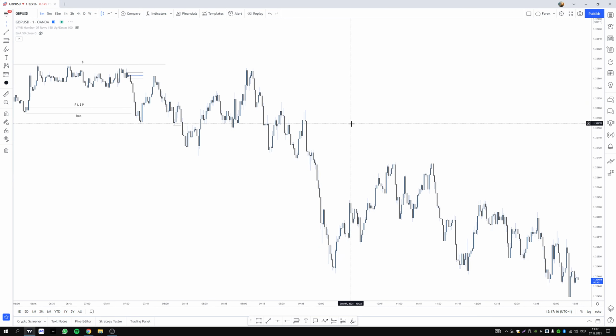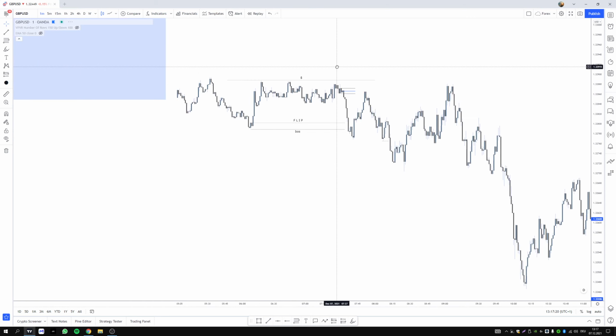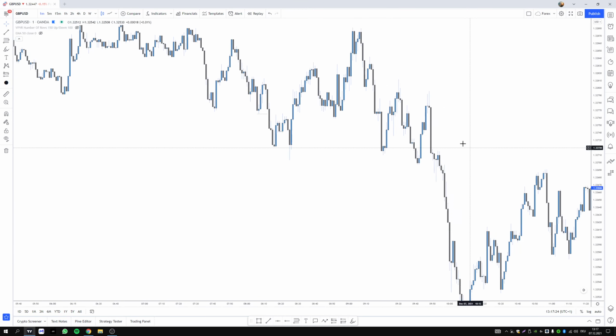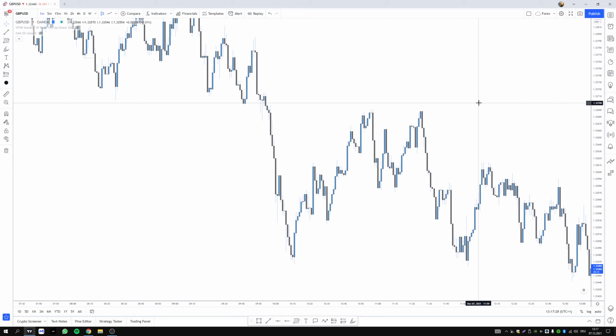Now let's see what price did after. Potentially, let's delete this. We looked at this setup right here. You can play back if it's not pretty accurate for you. And potentially we saw this setup playing out right here. Price didn't make a structure break till this point.